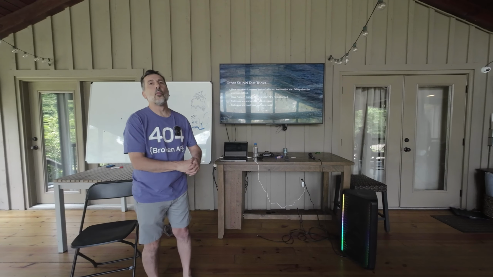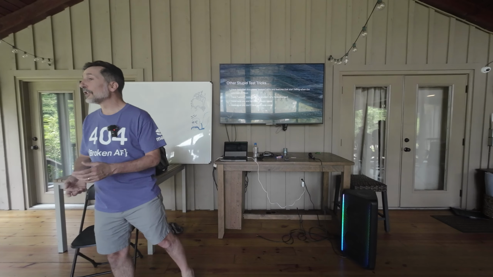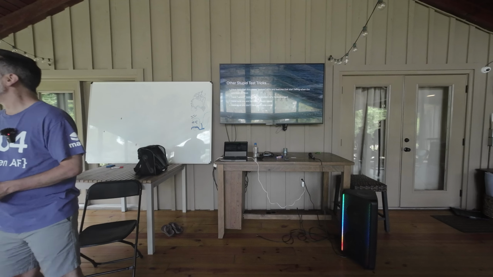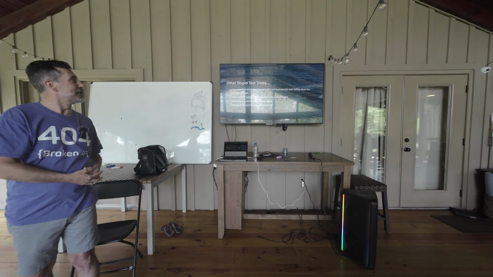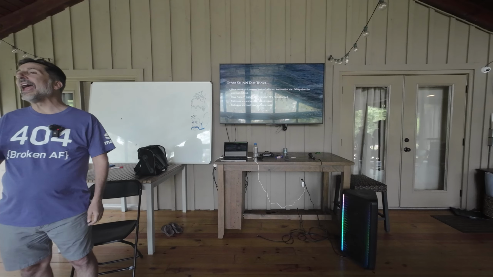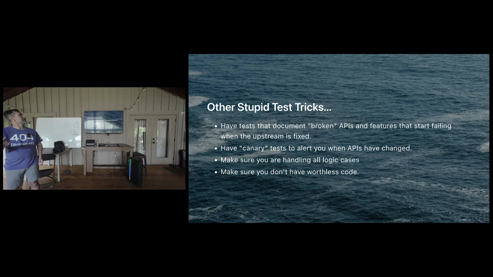Okay, once you get good at unit testing, there's lots of cool stuff you can do with it that you might not think about at first. And these are all things that I've done at various times. You can have tests in your system that, so all of us have integrated with something where you were like, oh my God, what idiots, right?